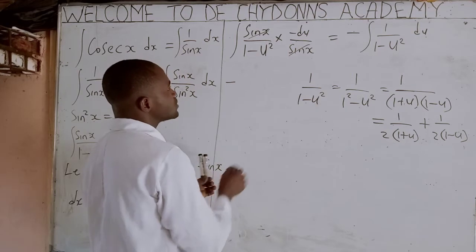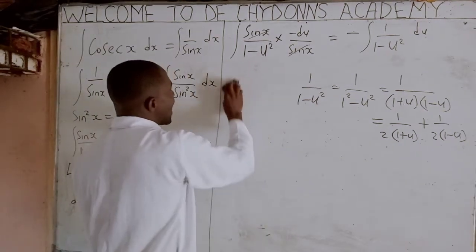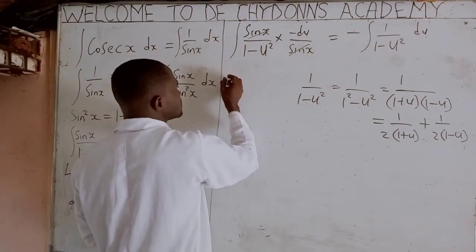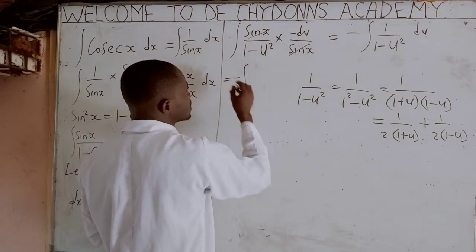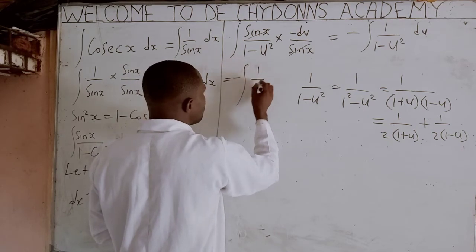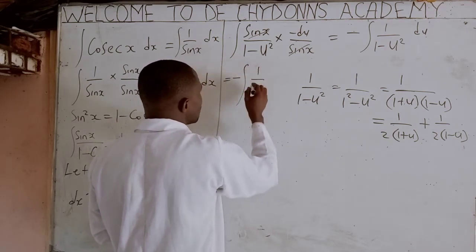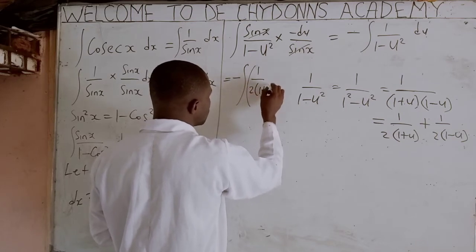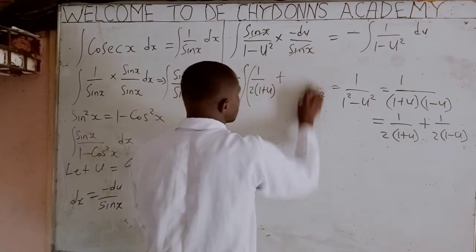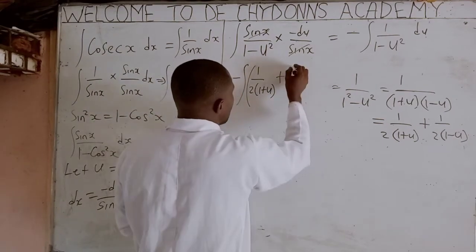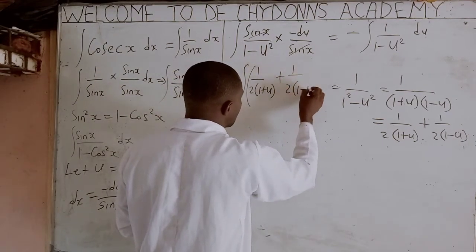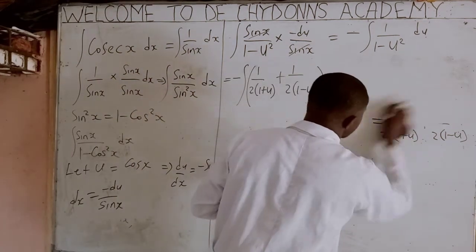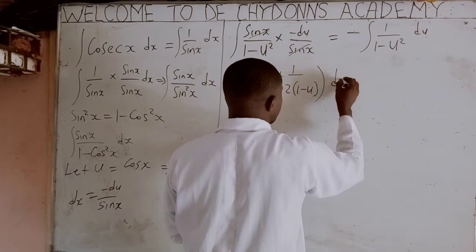So because of this, what we have is equal to minus the integration of 1 over 2 bracket 1 plus u plus 1 over 2 bracket 1 minus u du.